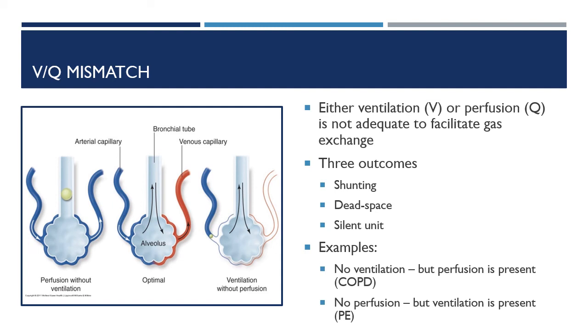What's dead space? Every time you take a breath, the last part of your breath goes in and stays in the trachea and the bronchial tubes. It never sees the alveoli, and then you breathe it out.